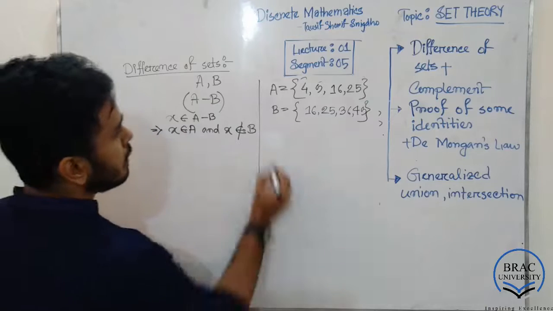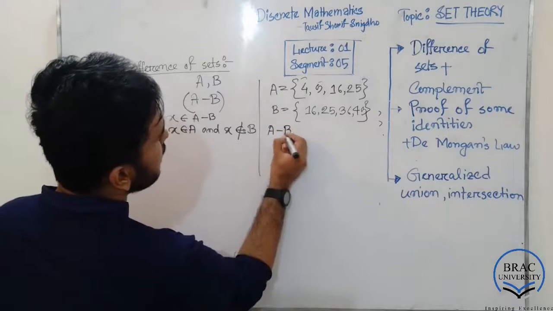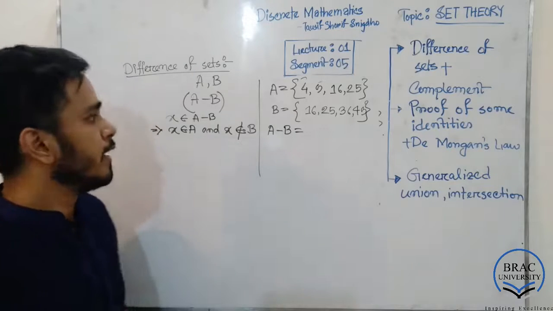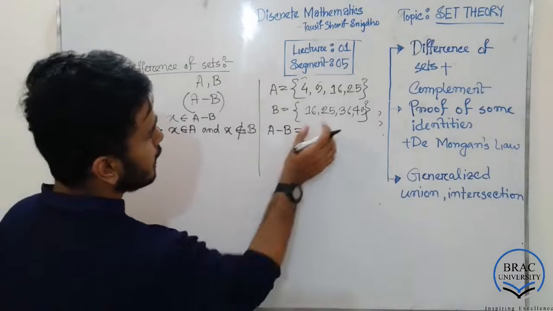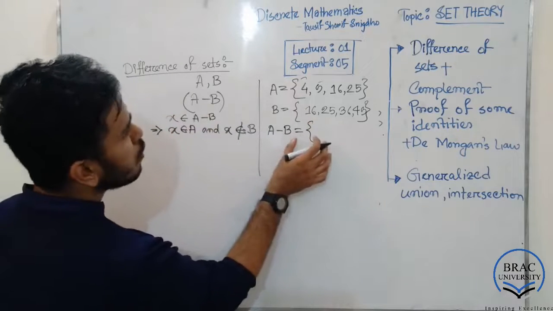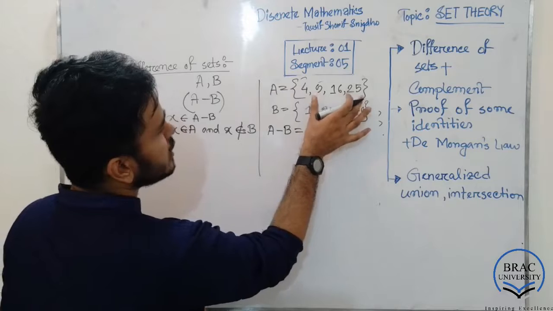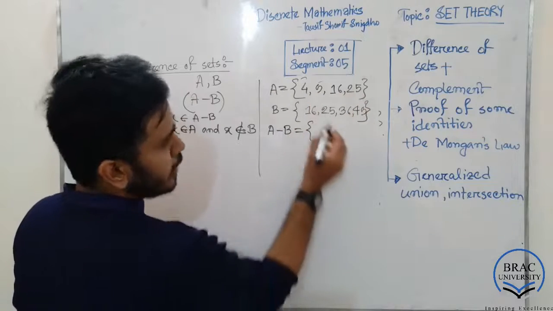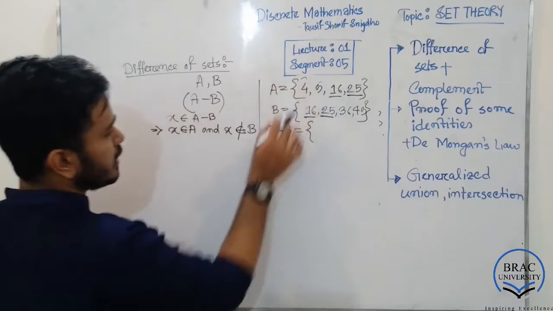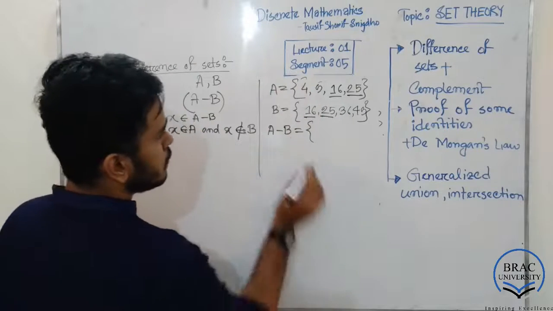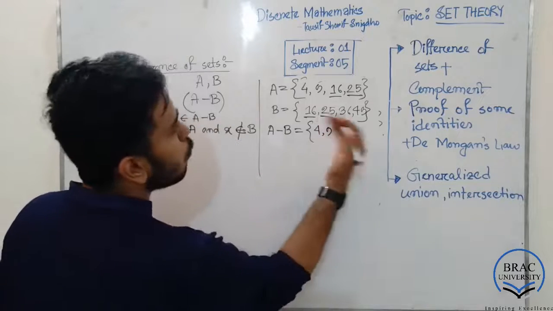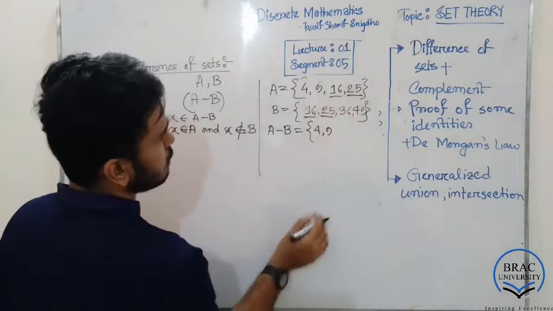So if you have to determine A minus B, then you'll have to recall the definition, and here we can see that A minus B will contain all of the elements of A which do not belong to B. Here we can see that 16 and 25 are common in both of the sets. So A minus B will contain 4, 9, but it won't contain 16 and 25.